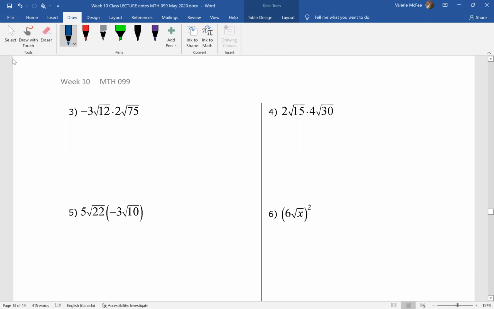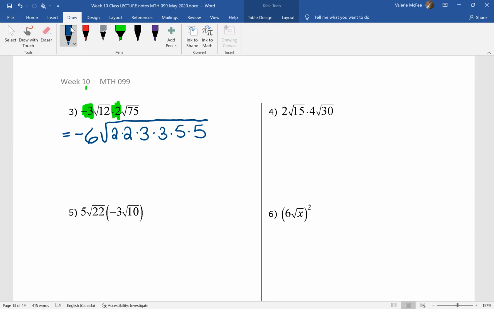Now, when I look at the root of 12 and the root of 75, that tells me I can simplify. So here's what I would suggest. The first thing I'm going to do is multiply the integers outside of the radical sign. -3 times 2 is -6. Now I'm going to prime factor. 12, 2 times 2 times 3, 75, 3 times 5 times 5. I don't want to multiply 12 times 75, far too much work.